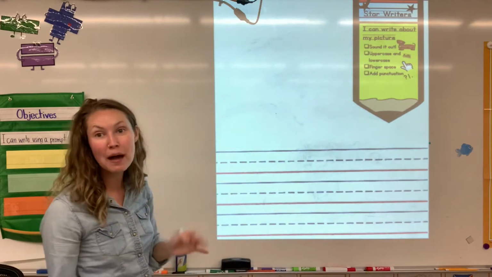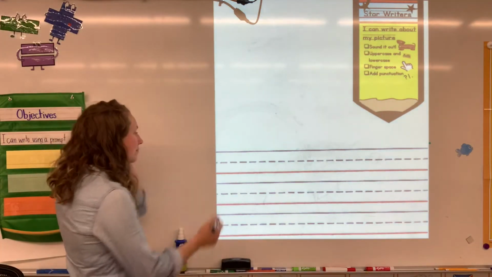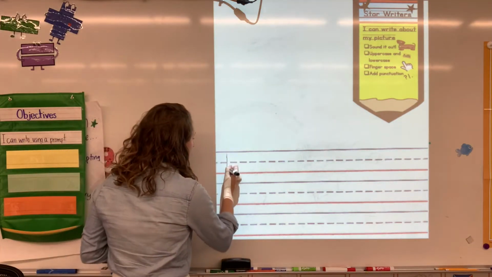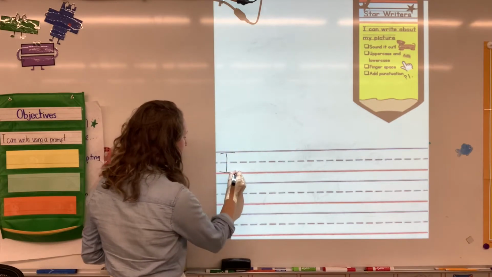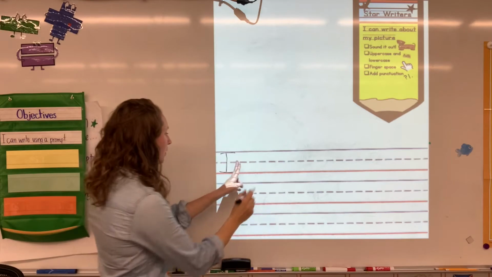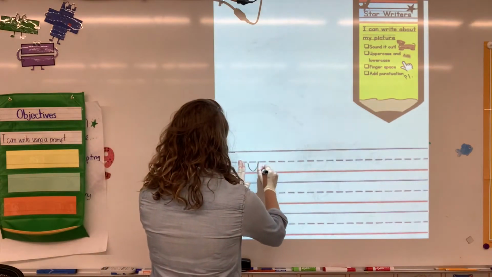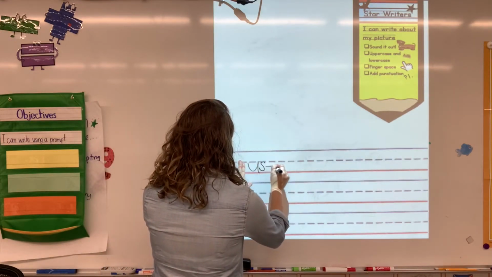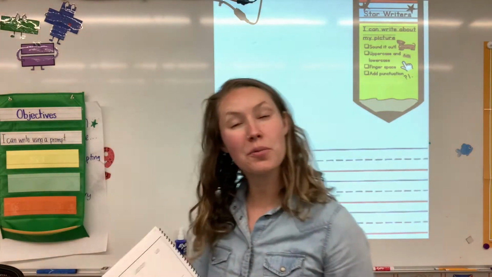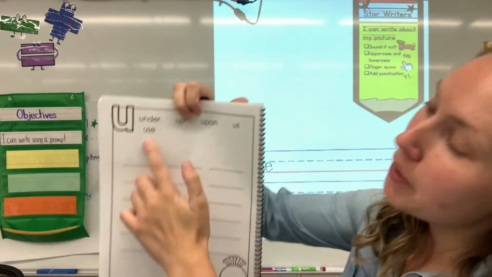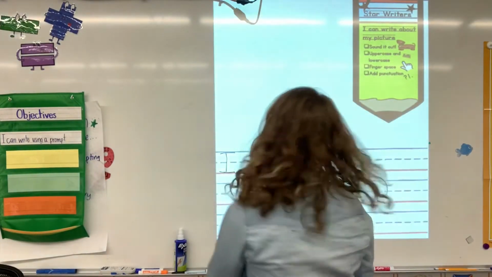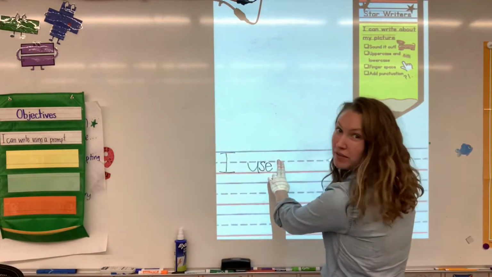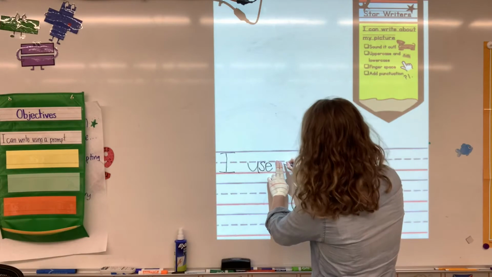So let me show you how the sentence is going to look. I, beginning with my uppercase I, use. The word use is spelled U-S-E. The word use is also in your word wall book right here. Use. And then we're going to write my, which is on the M page, and we've started a few times in our word wall book.